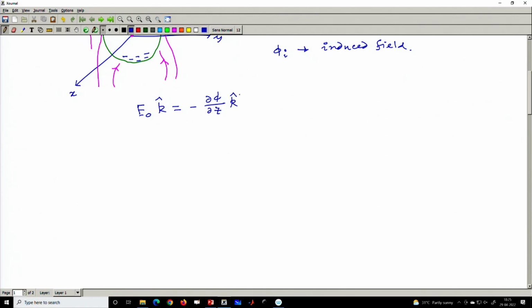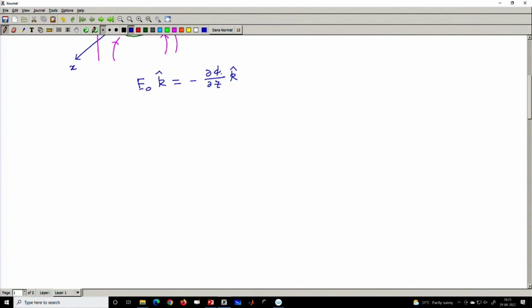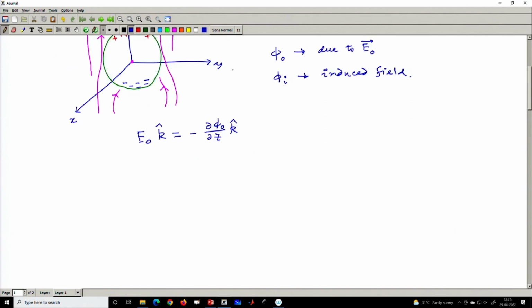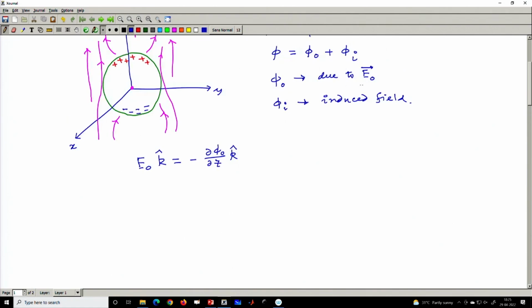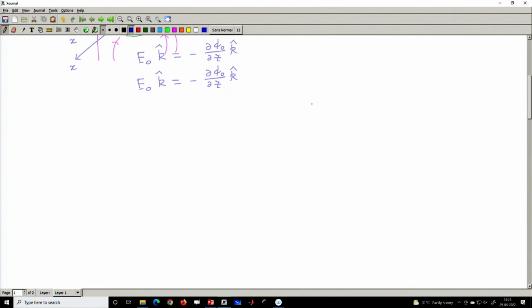Because I consider the constant electric field, phi 0 is the potential related to the constant electric field. So E 0 is known, and I can readily find out phi 0.